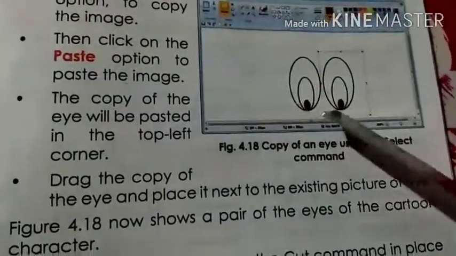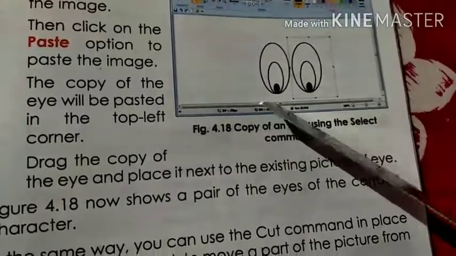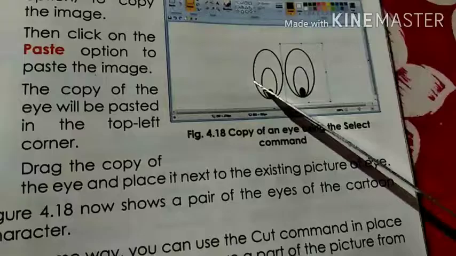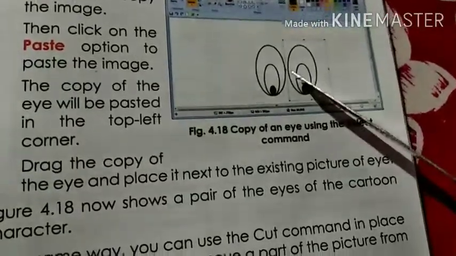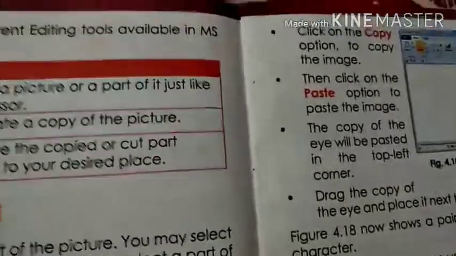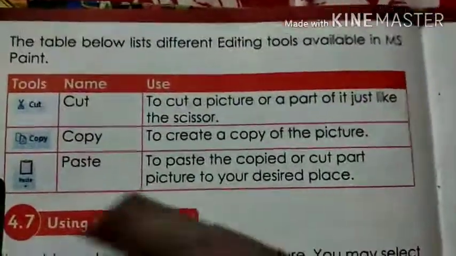If you can see, students, there are 2 eyes, right? They have drawn them, and both the eyes are the same, right? So instead of drawing 2 eyes, you can copy this 1 eye and paste it over here. So this copy tool will help you to do this kind of activity.